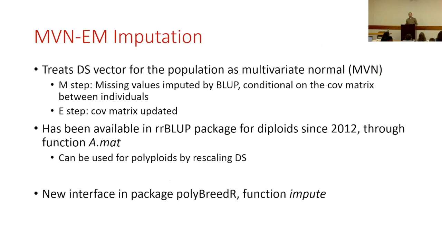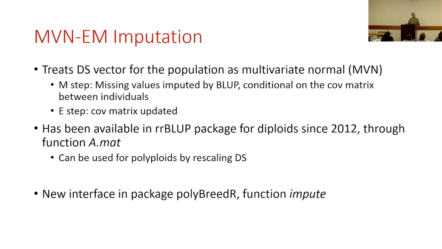As I alluded to at the outset, the first method I want to mention is this multivariate normal EM, standing for expectation maximization. It's a classic method in statistics for imputing missing data. It has various assumptions associated with it, such as missing at random. But the idea is that we're going to treat the dosage vector for your population as a multivariate normal random variable.